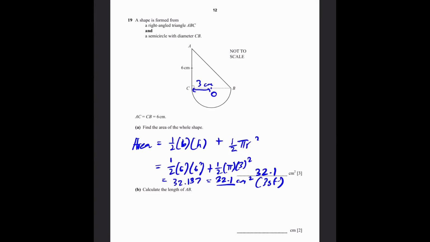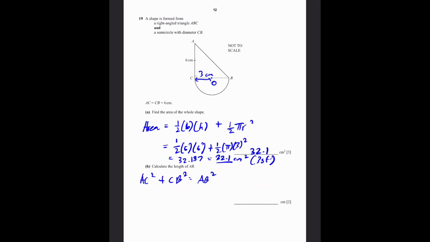Let's go to part B, calculate the length of AB. We can use Pythagoras theorem since this is a right angle here, and we have a triangle with AB as the hypotenuse. So AC squared plus CB squared equals AB squared. That's the Pythagoras theorem. The sum of the squares of the two short sides of the triangle is equal to the hypotenuse squared, given that the triangle is right angled, and in this case it is.